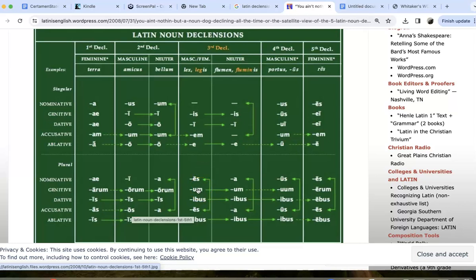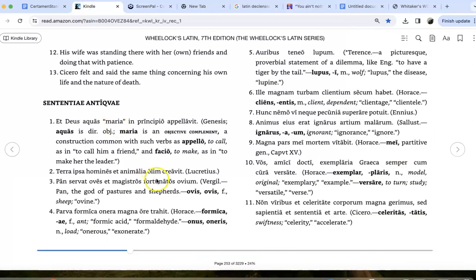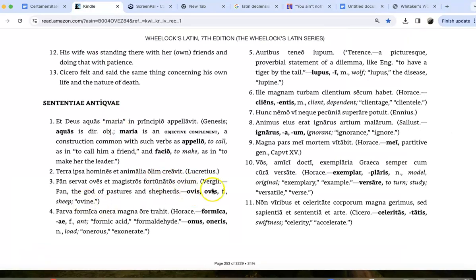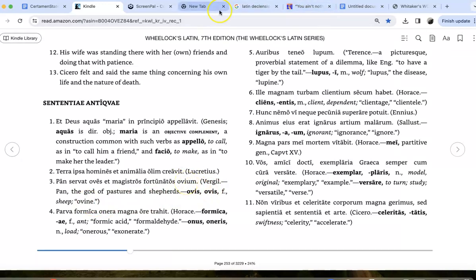So notice we're putting an I before the -um, because this is an I-stem noun, hence the topic in this chapter. And so it's just one of those things you have to learn, but you can see here there is a letter I before the -um because that is a genitive plural, and it means of the sheep. So we put it all together.